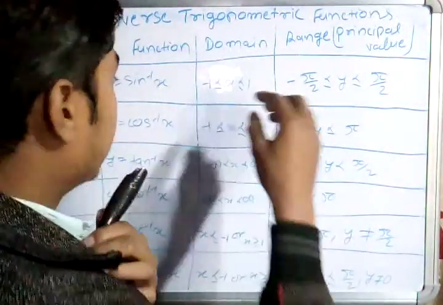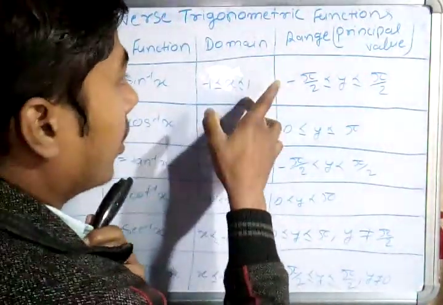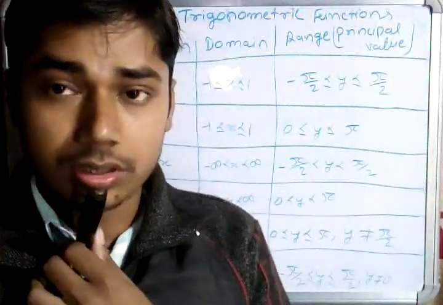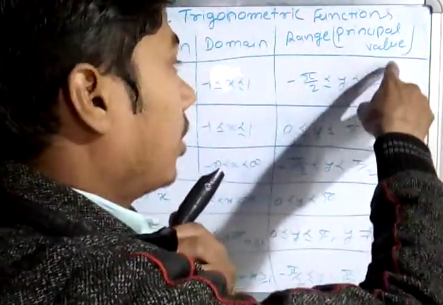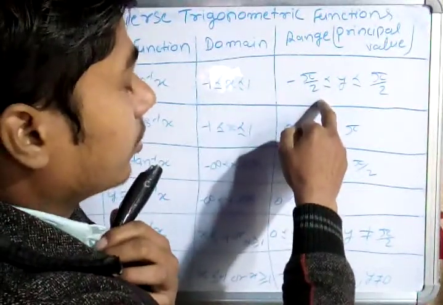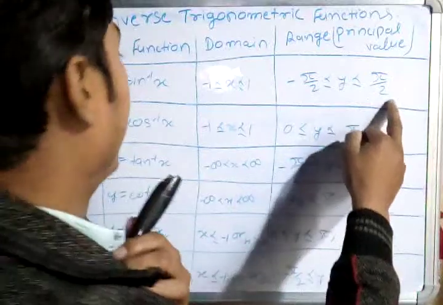The value of x is expressed from minus 1 to 1, and the range, which we call the principal value of the function, is minus pi by 2 less than or equal to y less than or equal to pi by 2.